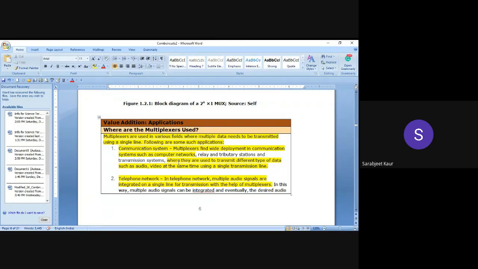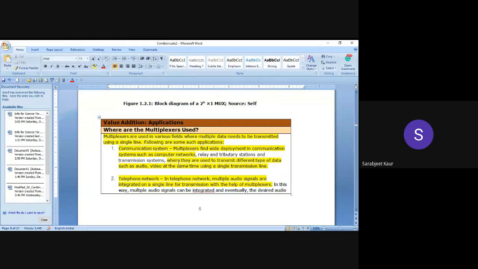So the first and primary usage of multiplexers is in computer networks. Audio and video are multiplexed together and sent on a single transmission line.